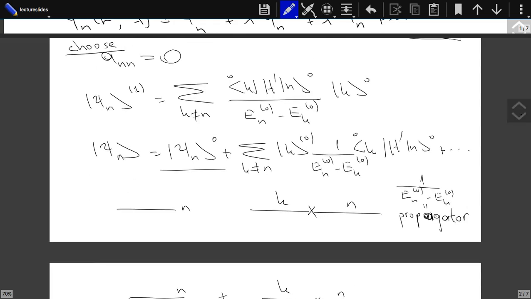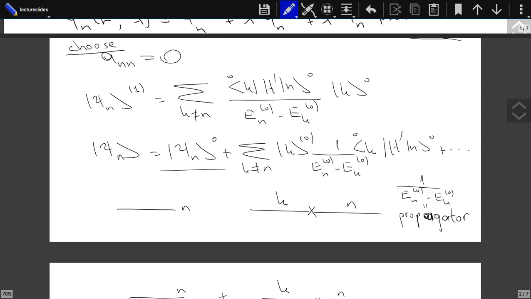The problem here was that I might have different states having the same energy. Now what I did was, if I have this degenerate case, I diagonalized H' in that degenerate subspace, so that H' no longer couples them; the matrix element of H' between two different degenerate states is now 0.